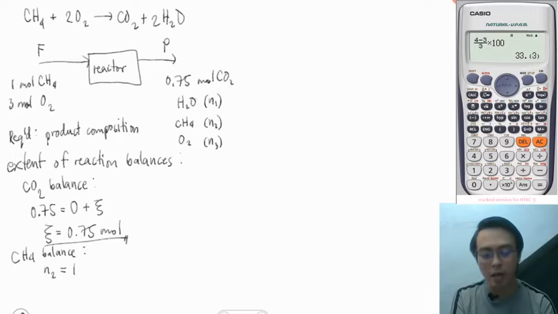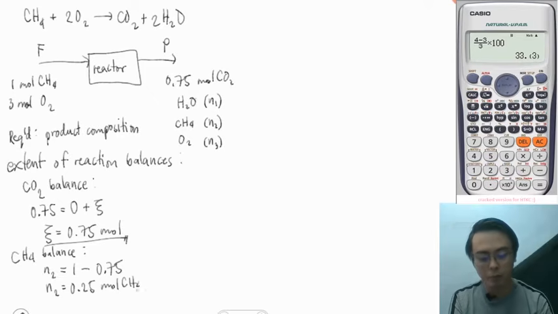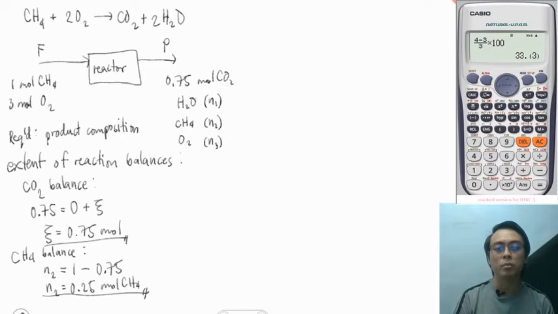Methane is a reactant, so minus 1 times extent. So that's 1 minus 0.75. N2 now is 0.25 moles CH4. You see, we were able to solve for the amount of methane coming out of the product because we were able to solve for the extent.